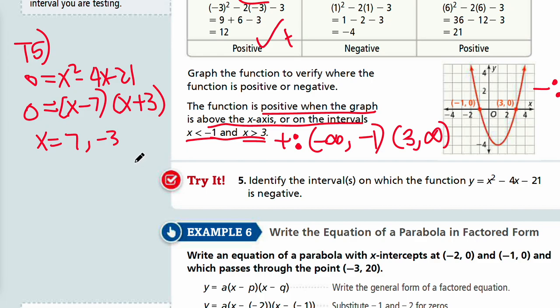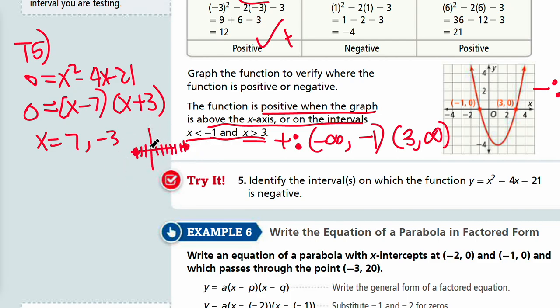And so you pick a number anywhere in the graph that's not 7 and -3 to see where it's going to be positive or negative. So I know visually you have to think, oh, -3 is here, 1, 2, 3, 4, 5, 6, 7 is here, and I don't know if the graph is going this way or that way.